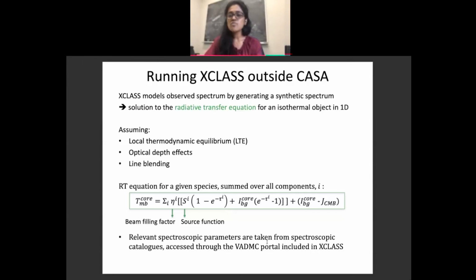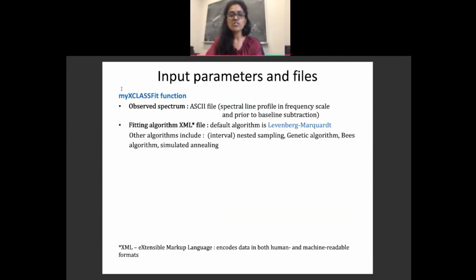Now, what are the main files that X-class would need when you're running an X-class fit? Now, the main function that we're going to look at is called myXClassFit, of course. And the main input files are firstly the observed spectrum, which can be in any sort of ASCII or text format. And you will have to input the observed spectral line profile or the intensities as a function of frequency, because X-class does not have any information about the local velocity scales that you use in your spectra.